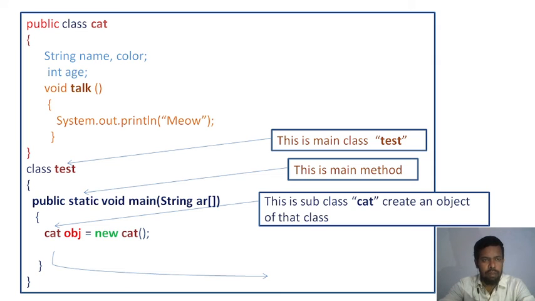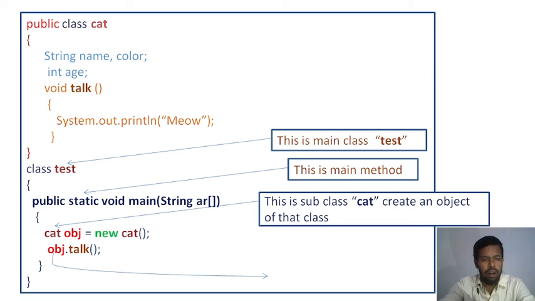Cat is a class name. We create an object obj. Obj is the object name. Then the equal to operator, the assignment operator. Then followed by the new keyword. Then cat is the class. Okay, now call the talk method with the help of the object, obj.talk.